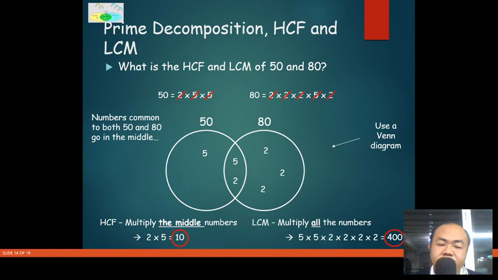Now this is the easy part, the easy way to find LCM and HCF. We use a factor tree. We have 12 and 15. How do we break down 12?